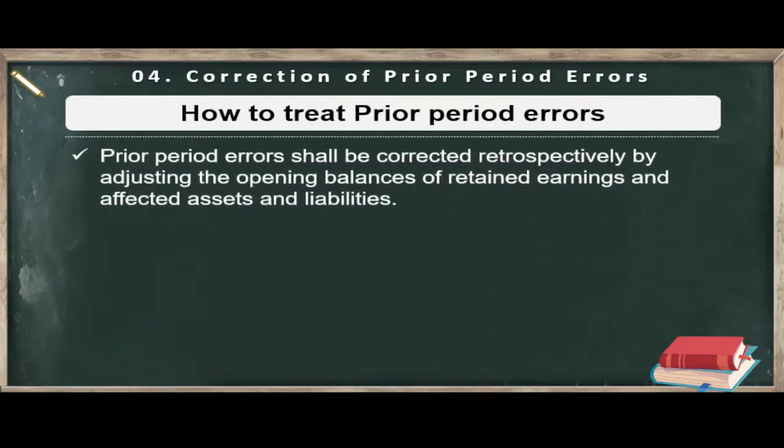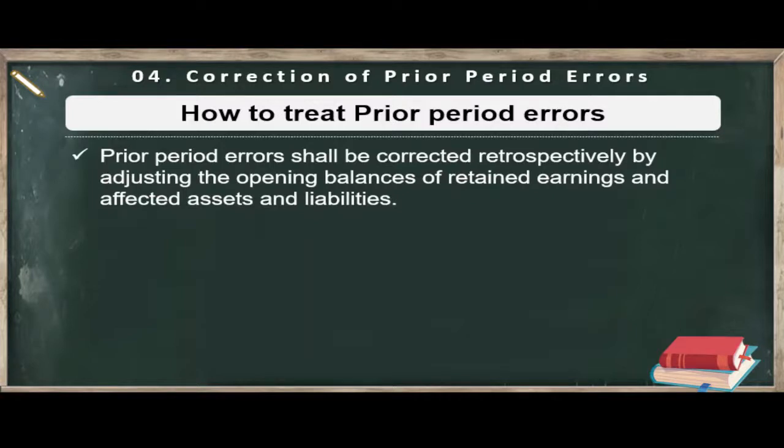So how do we treat prior period errors? Prior period errors shall be corrected retrospectively by adjusting the opening balance of retained earnings and affected assets and liabilities. So unlike the change in accounting estimate that you will treat currently and in the future, prior period errors are the same as the change in accounting policy wherein you have to apply it retrospectively.